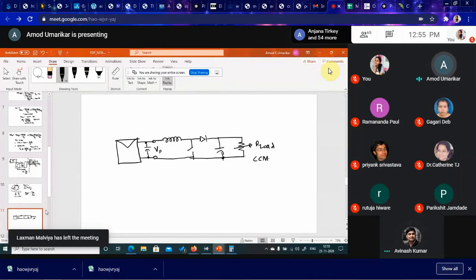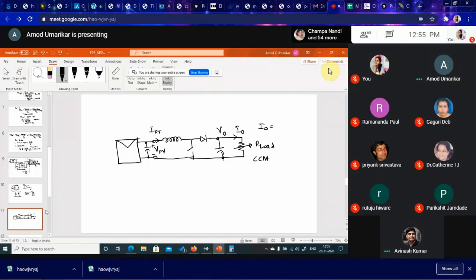So input voltage is VPV and current is IPV. Output voltage is some V0. Output current is I0, which is V0 upon R load, or R load is nothing but V0 upon I0.